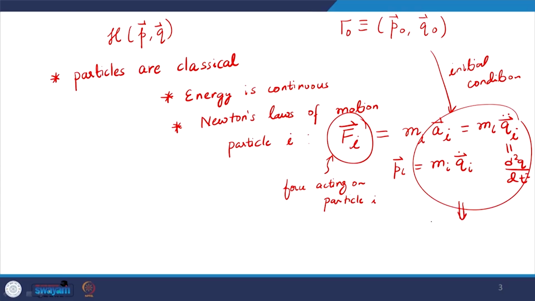You have this equation written for each of the n particles in the system. So, you have n second order differential equations for the acceleration and n first order differential equations for the momenta, right. And clearly there are too many differential equations because we are dealing with n that is really large, that is a thermodynamic system, right.